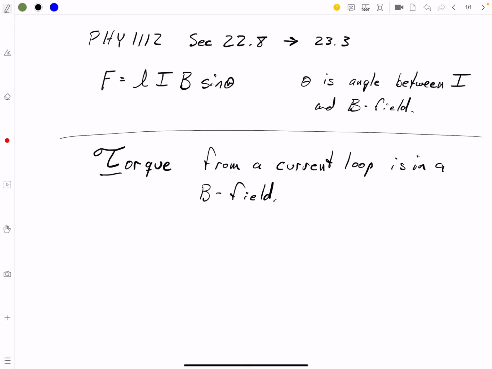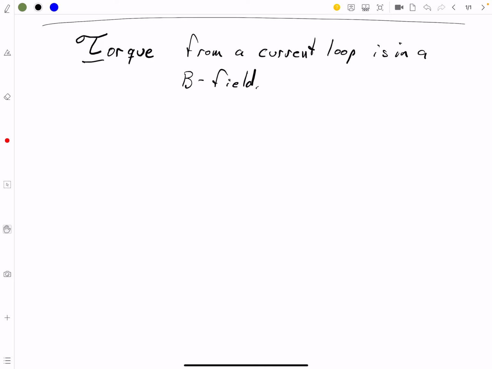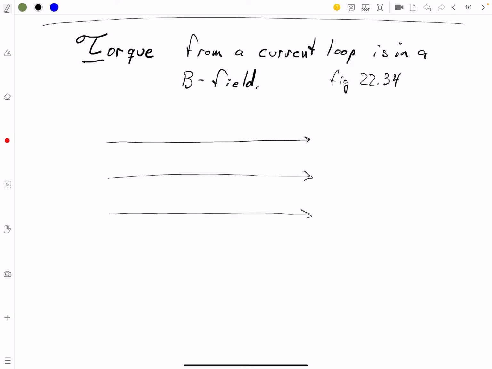Okay, so here we go. We have a magnetic field. And a good drawing of this is figure 22.34. Okay, so we have this magnetic field, and then we're putting a current loop into the magnetic field.